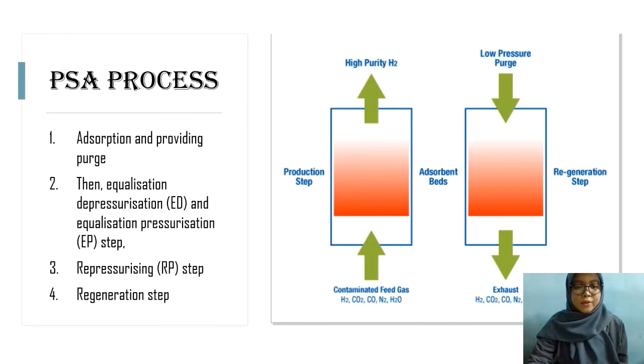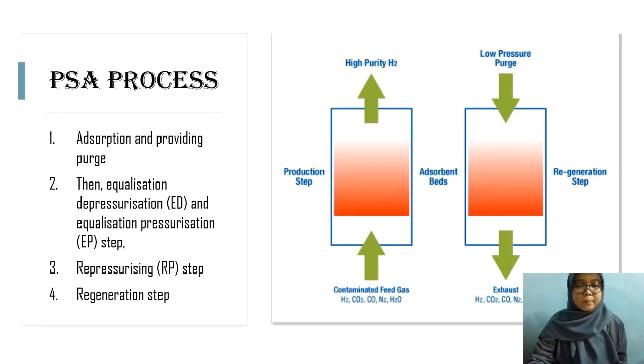The steps of purification for the PSA process start with adsorption and providing purge, where the first bed is used in adsorption mode, while the other is used for the regeneration step. Then the equalization depressurization and equalization pressurization step, which is when the first bed will be depressurized and the other is pressurized.